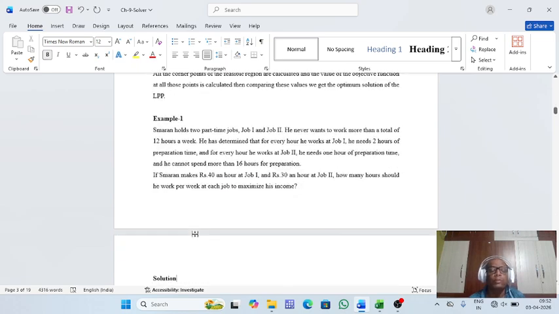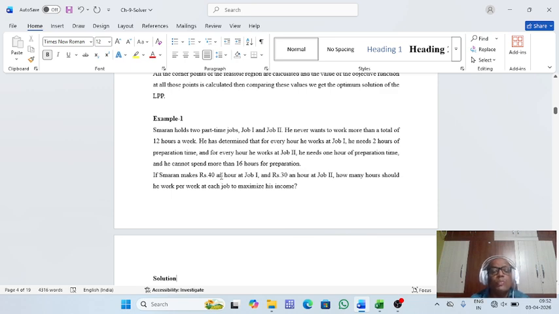If we see this example, Smaran holds two part-time jobs, job 1 and job 2. He never wants to work more than a total of 12 hours. He has determined that for every hour he works at job 1, he needs 2 hours of preparation time, and for every hour he works at job 2, he needs 1 hour of preparation time, and he cannot spend more than 16 hours for preparation.